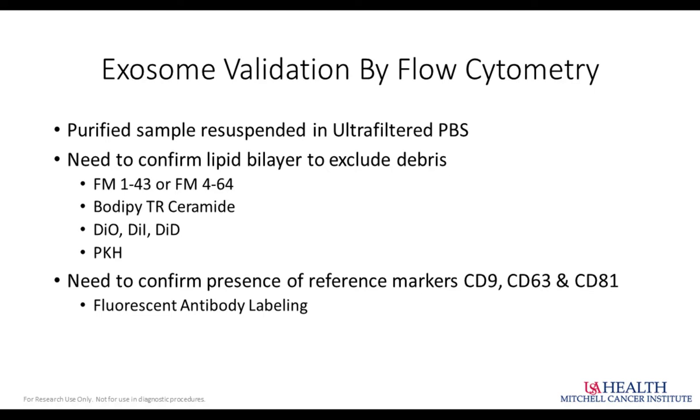So now I guess we need to figure out what we're going to do with these exosomes. What do we want to look for? We've got one more little quality control step to go through. So when you do this ultracentrifugation step, you do get some other things pelleting besides exosomes.